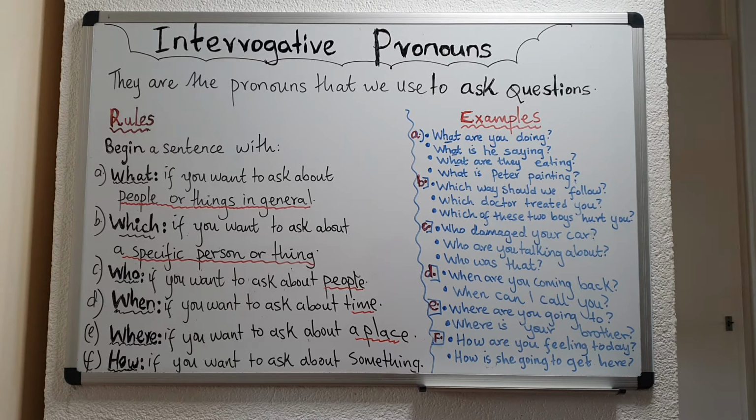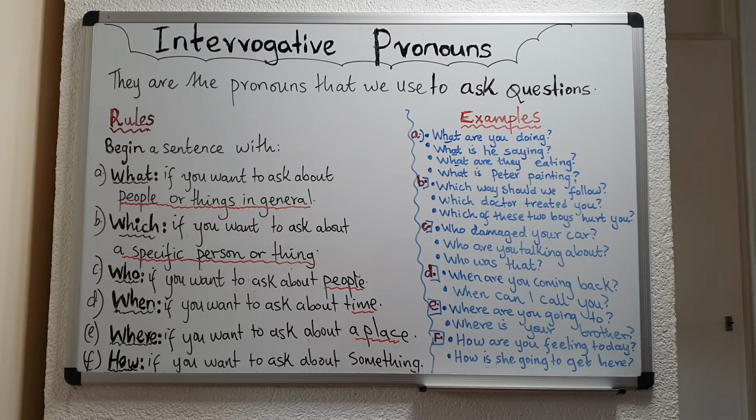And the next question, what is he saying? You want to know the details about what someone is talking about. Again, that's an example of asking about something in general. And then the next one, what are they eating? You want to know what are they eating? Are they eating food?